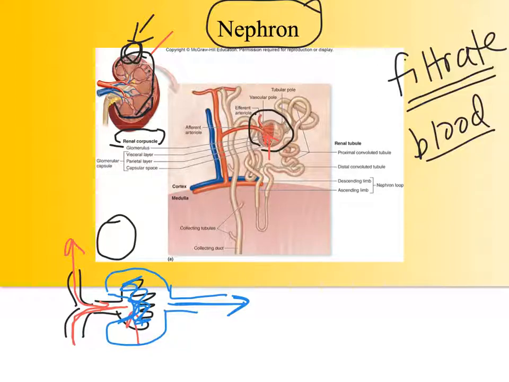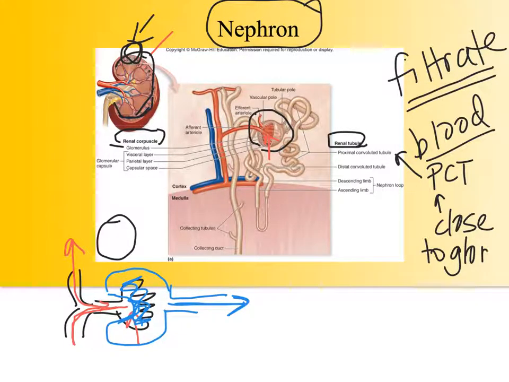Now, the path that the filtrate is going to follow is it's going to go through some tubes, these renal tubules. The first thing is the proximal convoluted tubule, and we always abbreviate that PCT. Proximal means it's close to the glomerulus, so it's proximal to this bump, this circle.